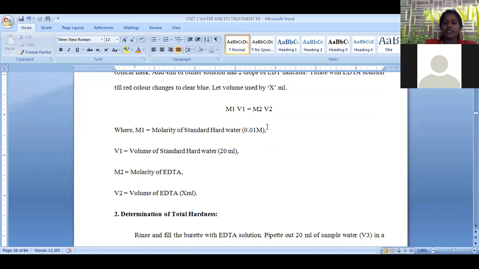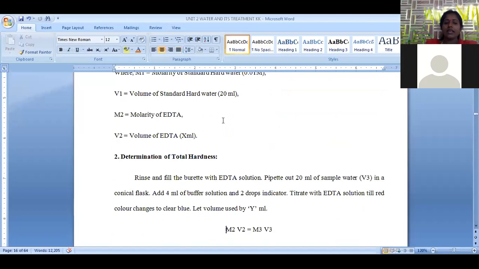Volume of EDTA is nothing but the amount consumed for the titration. So we determine EDTA concentration by using the formula M1V1 is equal to M2V2. So M2 is equal to M1V1 by V2. By using this, EDTA molarity is calculated.